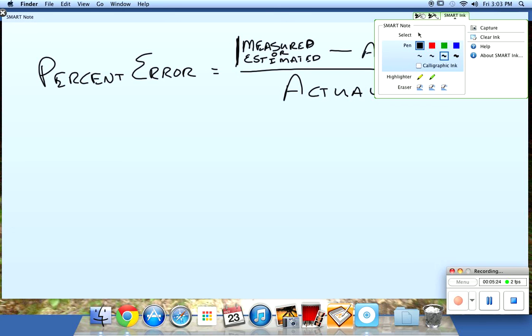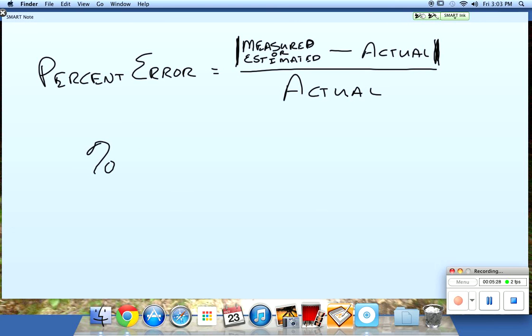Let's look at an example. Let's say percentage error is going to equal, and let's say this was an estimated amount. Let's say you estimated your amount could be 126, but you found that the actual amount was 138.